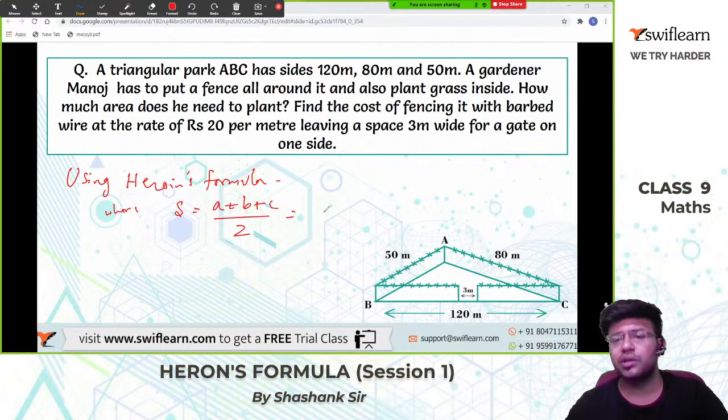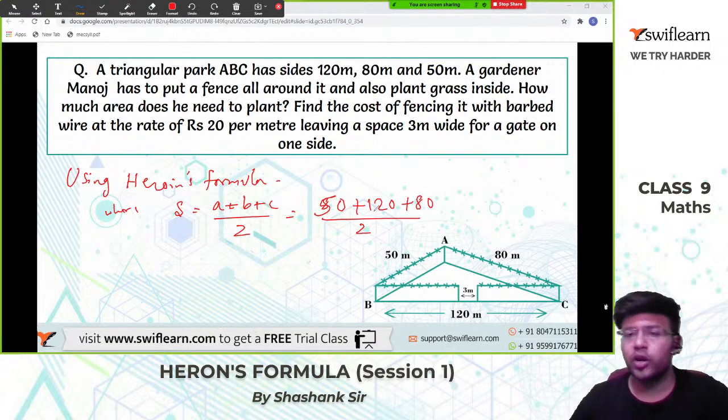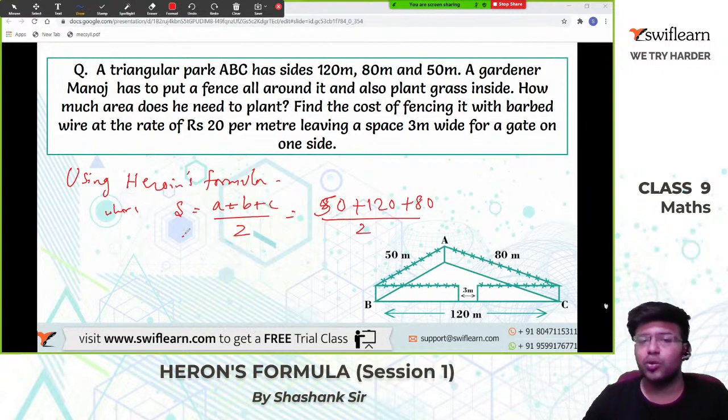How much is a plus b plus c? It is 50 plus 120 plus 80. 120 plus 80 is 200, 200 plus 50 is 250. So s is 250 by 2, which is 125 meters. S is a distance, so its units will be meters.